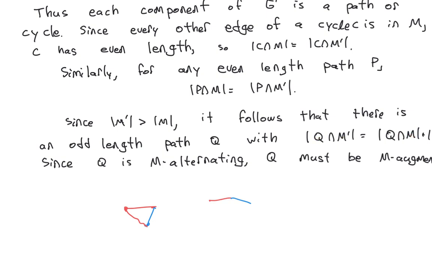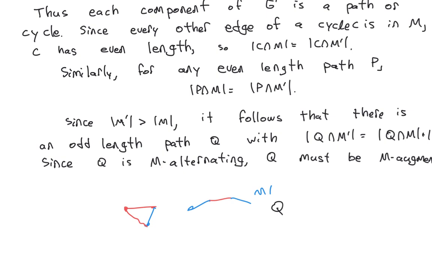In particular, that means we have to have a picture like this, where blue is M', where the path starts and ends on a blue edge. While then, this path Q, if we go back to viewing these blue edges as being black, we now have an alternating path that is M-alternating.